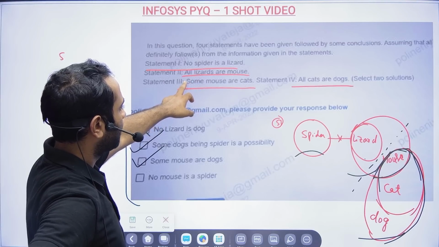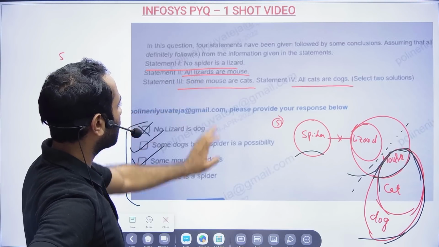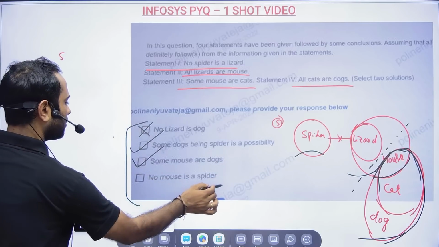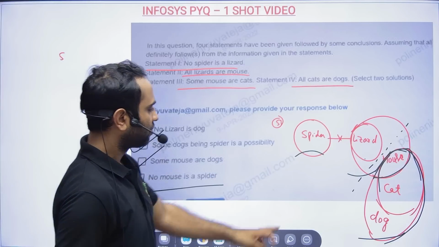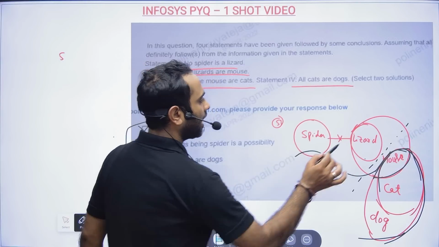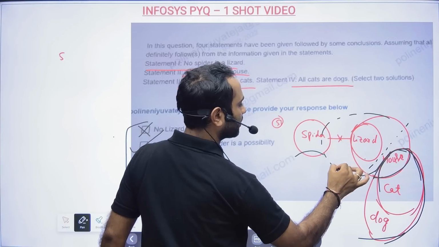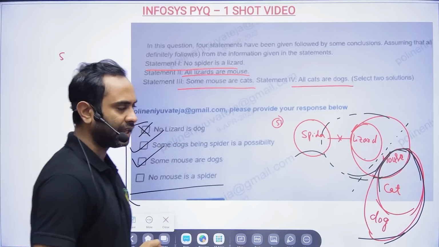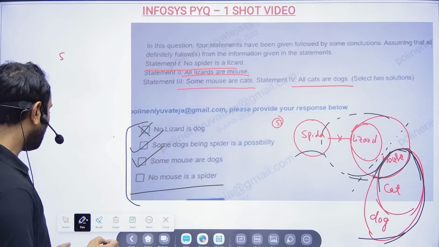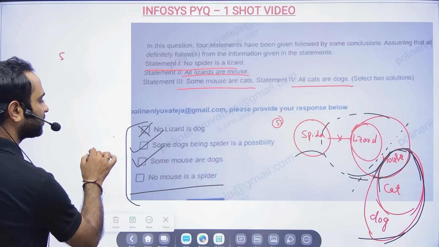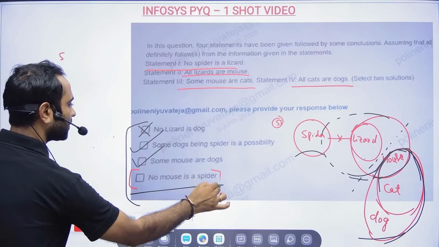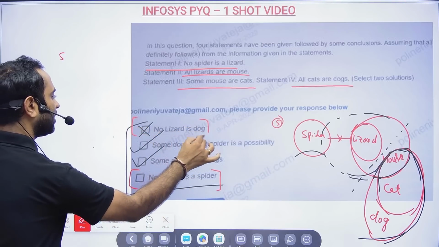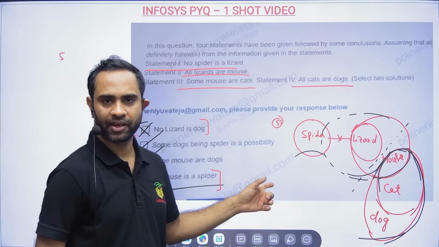So some part of, or all cats are dog. And so no mouse is a spider. I can draw it like this, mouse. So again there is a possibility. I know many of you will make this mistake here, and then you will say, sir, you have made a mistake.